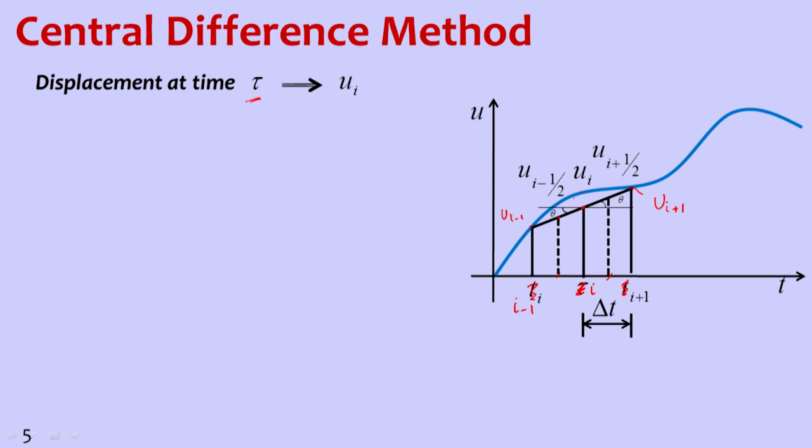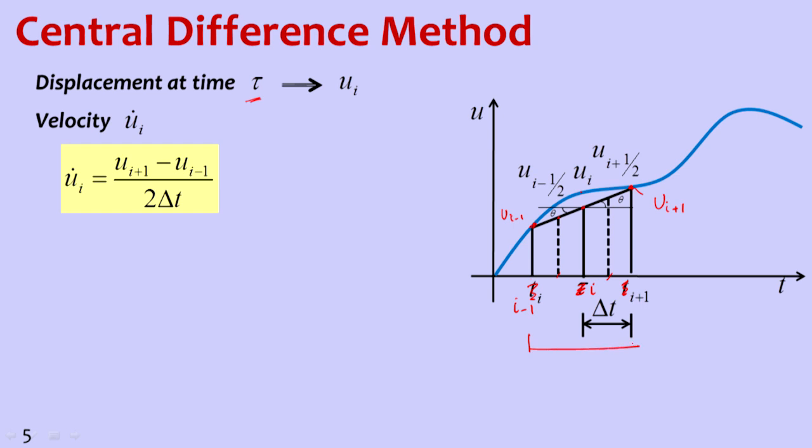These 5 displacement values are available here. Now the velocity, that is u dot at i, is equal to, how do we get that? You can see this one: the displacement at this point minus the displacement at this point, divided by 2 delta t.